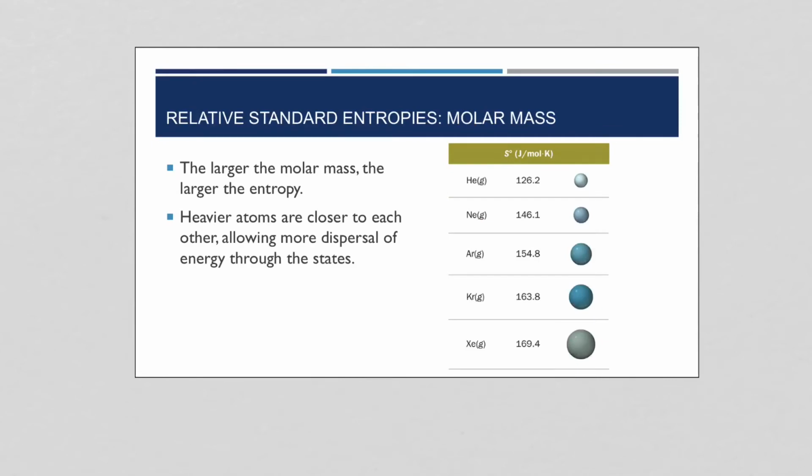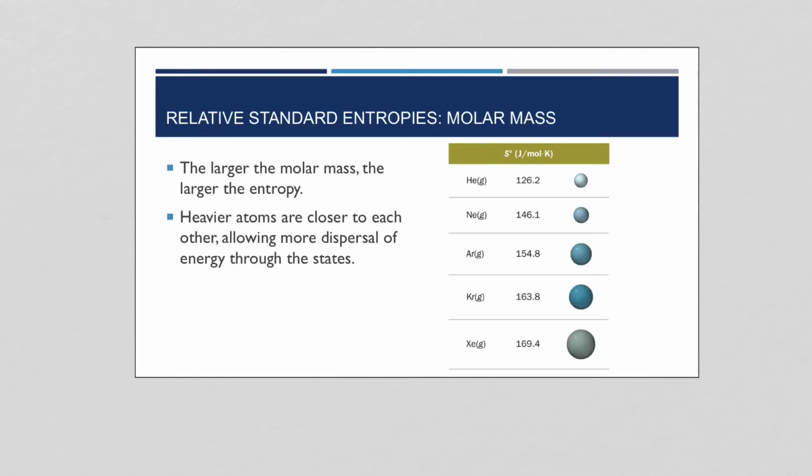Now, the relative molar mass will also play a role here. So the larger the mass, the larger the entropy. So heavier atoms will have higher entropy than lighter atoms.